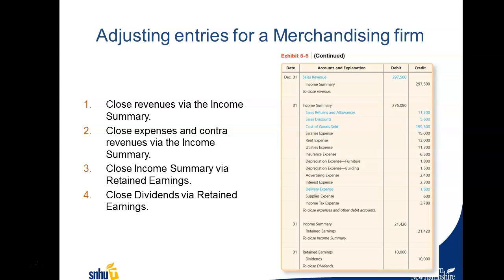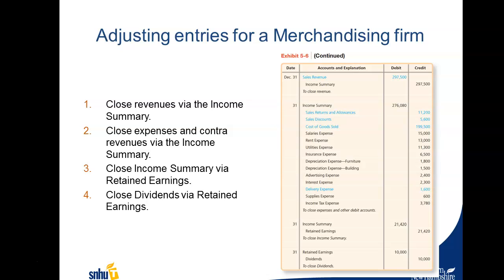Now, remember, when we're recording closing entries, there are a number of things that have to occur. We want to create entries that will zero out our temporary accounts. For example, our temporary accounts include sales, and they also include our expenses. When we're closing out those accounts, we are making certain that those accounts are reversed from the opposite side.